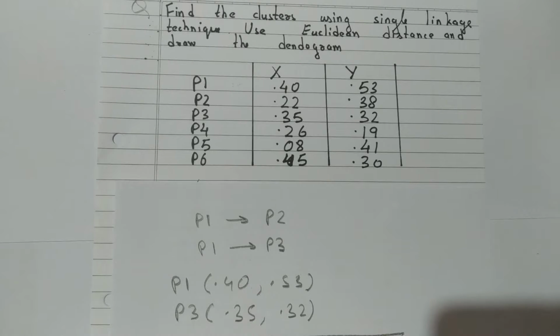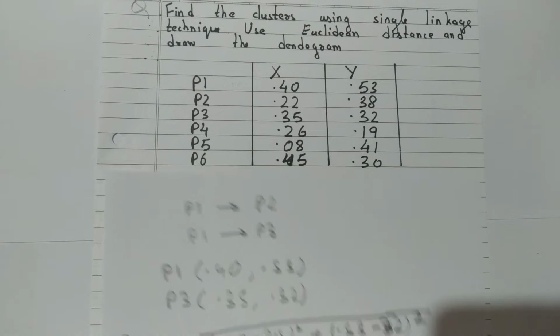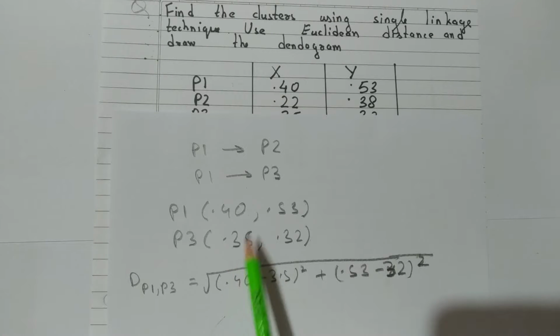So the distance between P1 and P3, putting the values in the Euclidean distance formula, is the square root of x minus a whole square plus y minus b whole square. This will give me the value 0.22.